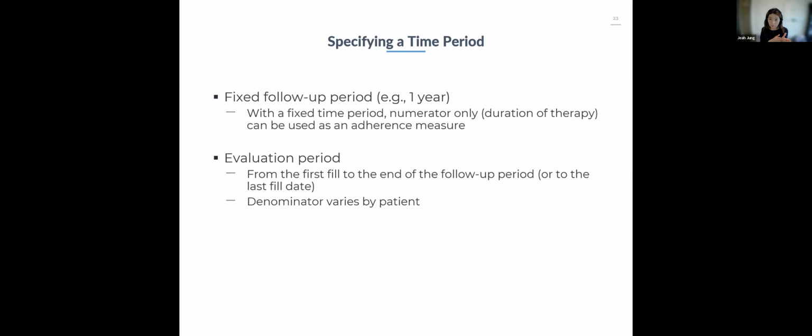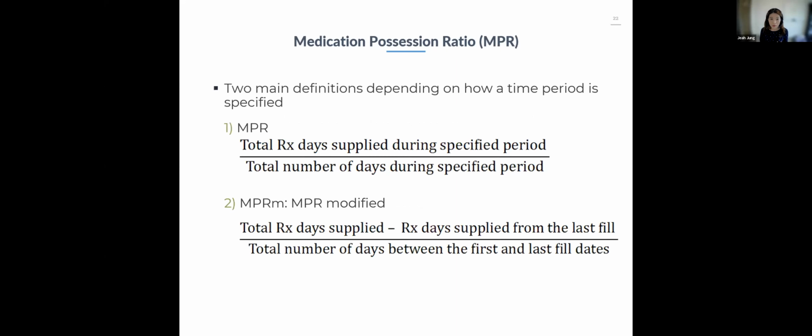So I'm going to follow up this person from April 1st to the end of 2020. That's the data that I have. So that's the evaluation period. If you are using this one, your denominator will change by patient, right? Each patient has a different first fill date that you observe in your data. So that's how you specify your time period. Anyway, you follow up to the end.